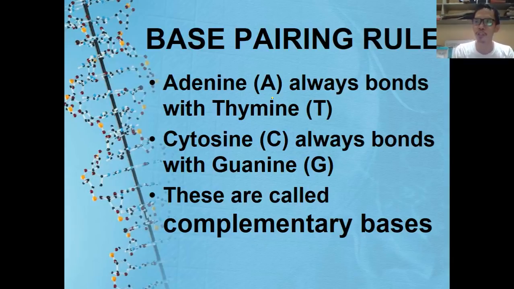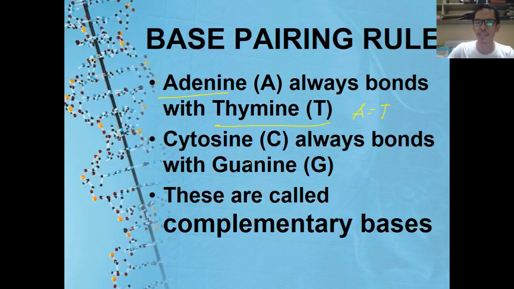You don't always pair A to G, or A to C, or something like that. They follow a certain rule: adenine is always paired with thymine. So meaning to say, the A cannot pair with G or C, and the T cannot pair with C or G. Adenine is always paired with thymine. So that's the rule of thumb here.